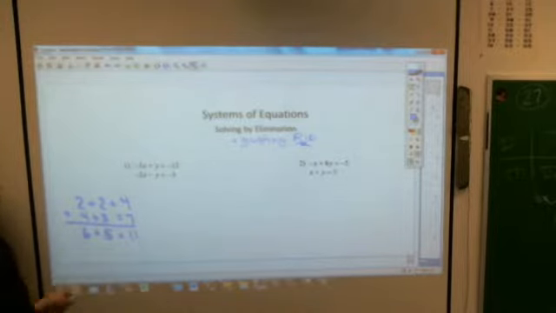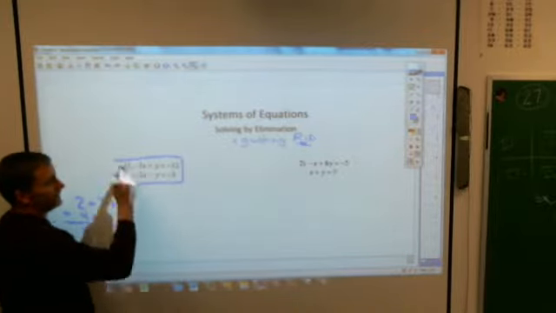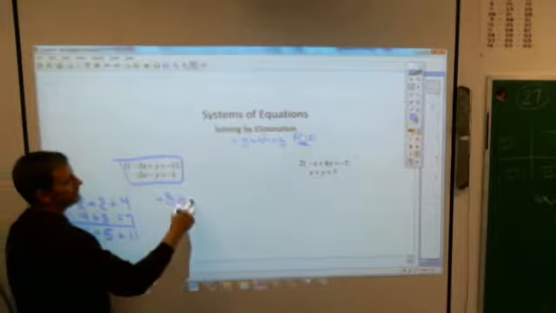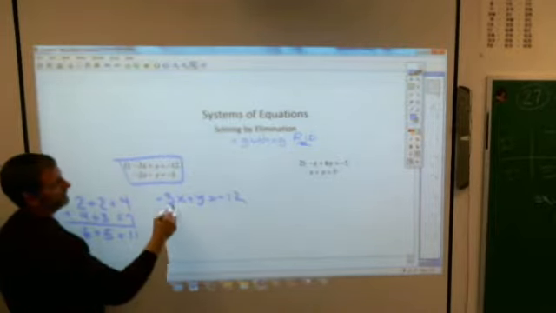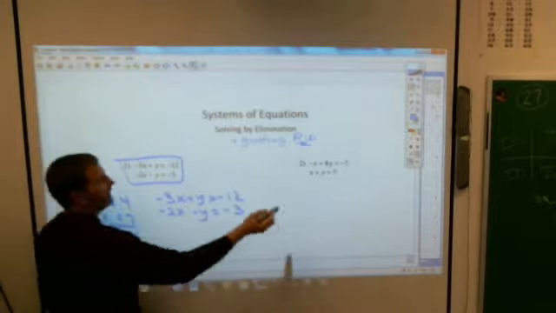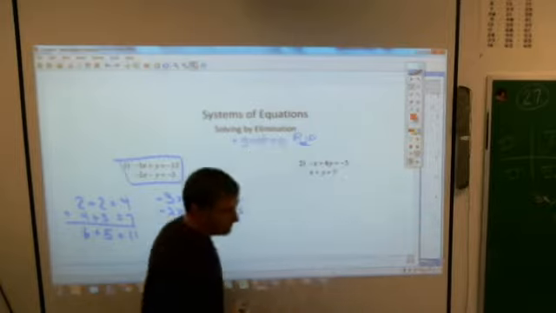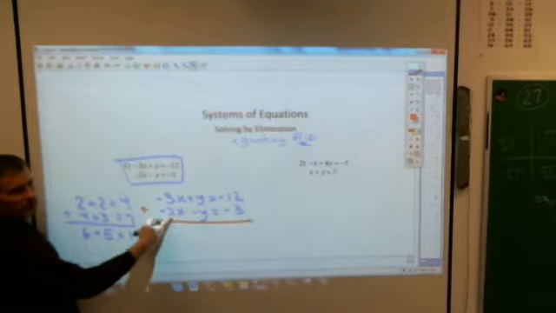Does not 6 plus 5 equal 11? It's amazing. Well, take a look and see what happens here. If I have these two equations, negative 3x plus y equals negative 12, and negative 2x minus y equals negative 3, and I add them together, what is negative 3x minus 2x?